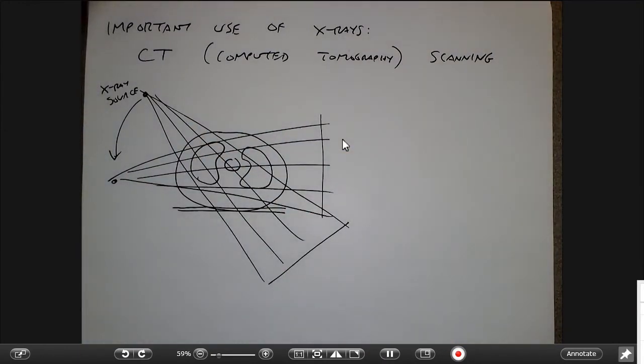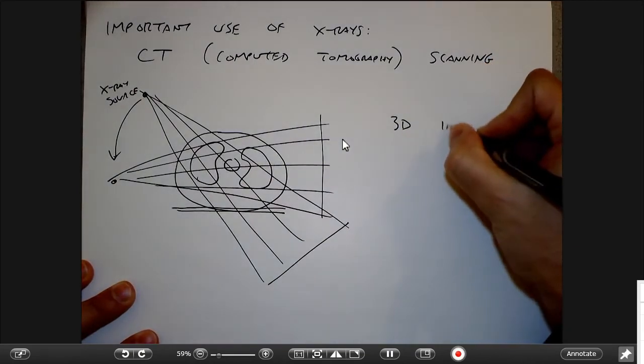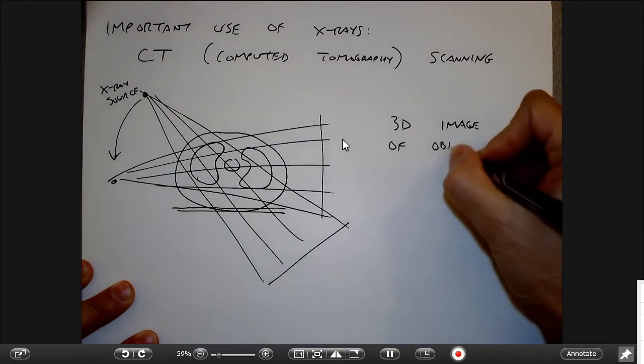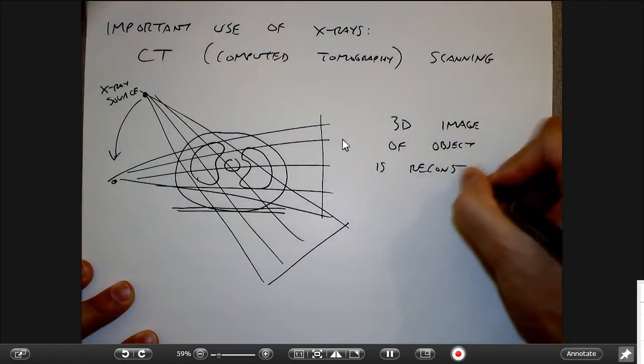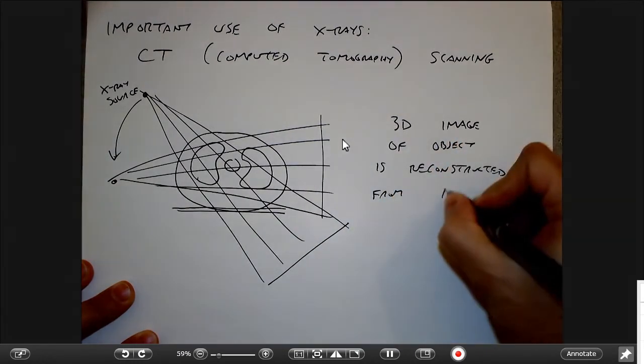And so it turns out that you can actually reconstruct a three-dimensional structure. In this case, this is a 2D diagram, but in general, you can reconstruct the three-dimensional structure of what's inside the patient from looking at a whole bunch of these projections. And so basically the 3D image of the object is reconstructed from many projections.